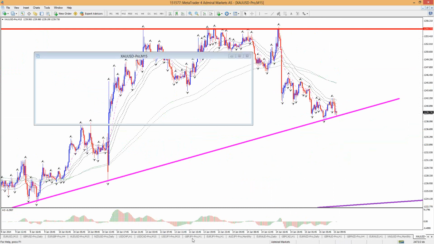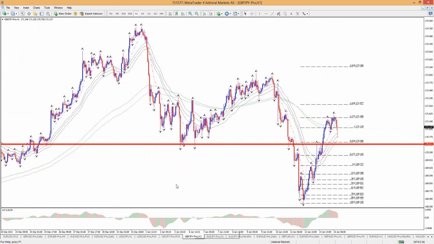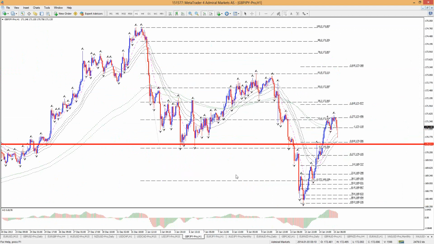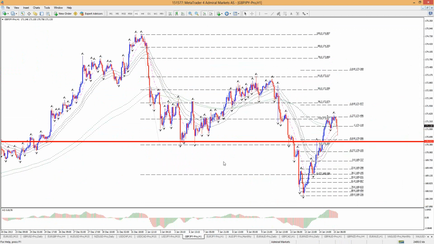Let's see, pound. Maybe we can take a look at the pound yen. That too, very funny, very strong downside, weak correction, strong downside. Now getting a very strong bounce, like a V-valley bounce. We missed the minus 618 there.